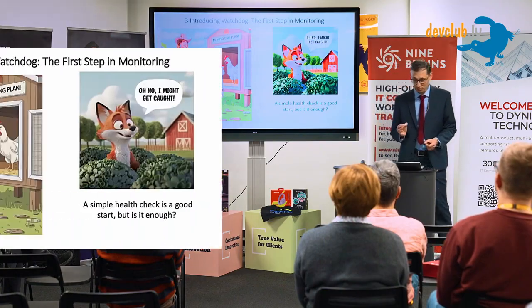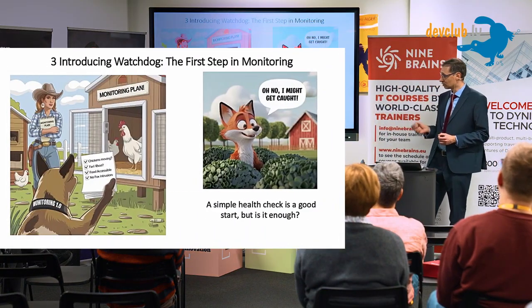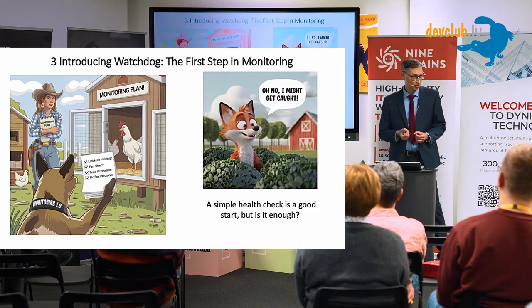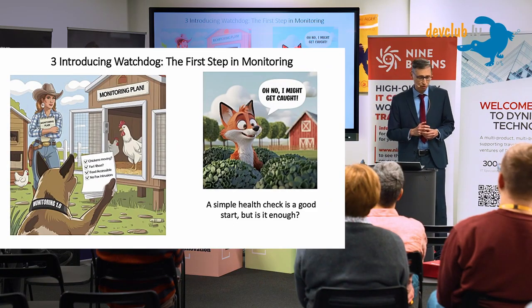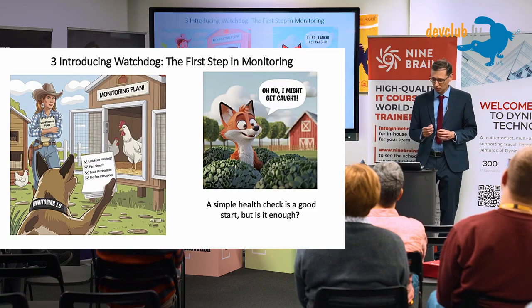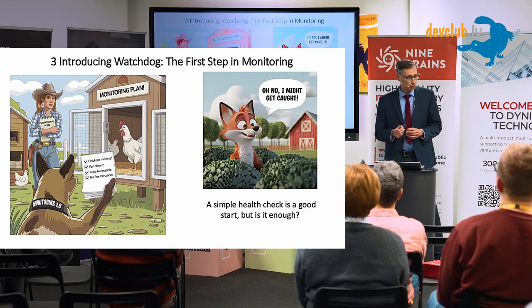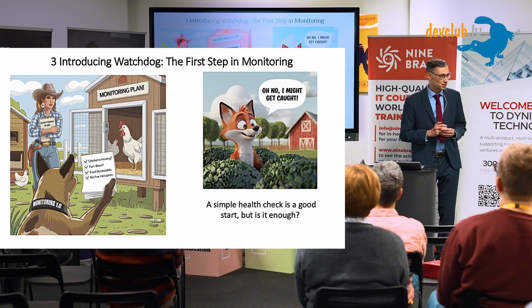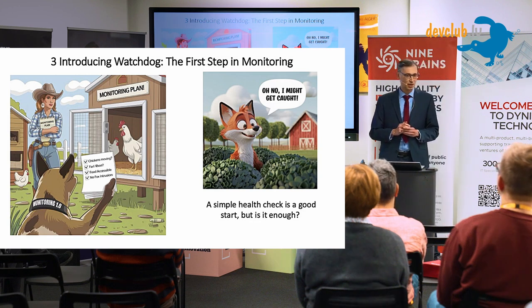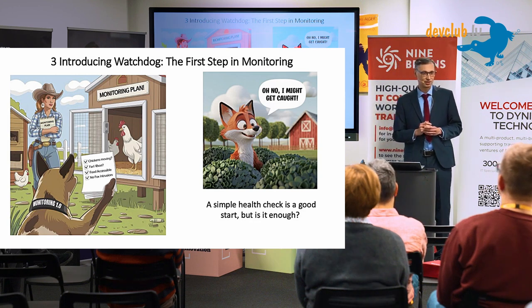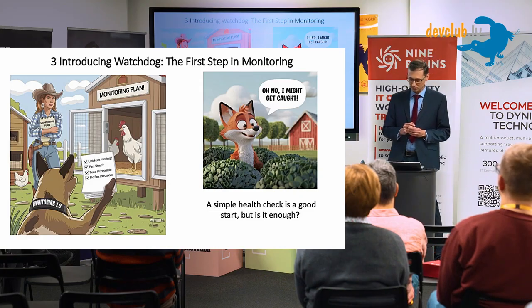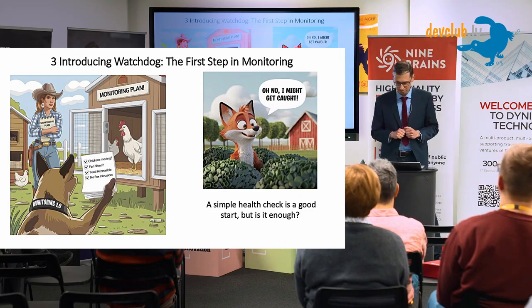So what did Jennifer decide to do? She decided to hire a watchdog who will keep an eye on the chickens 24/7. The watchdog goes to the chicken coop every 10 minutes and checks that the chickens are alive and moving, and that there is no fox intrusion. Looks good.